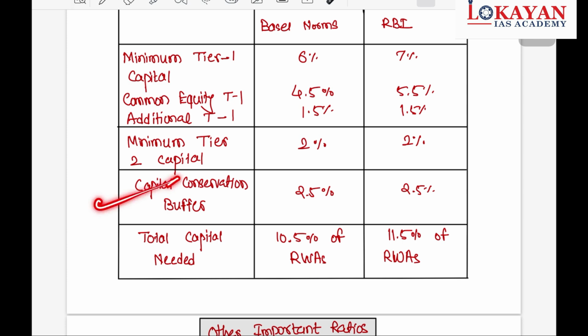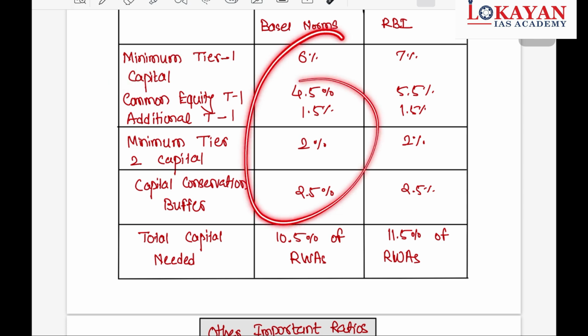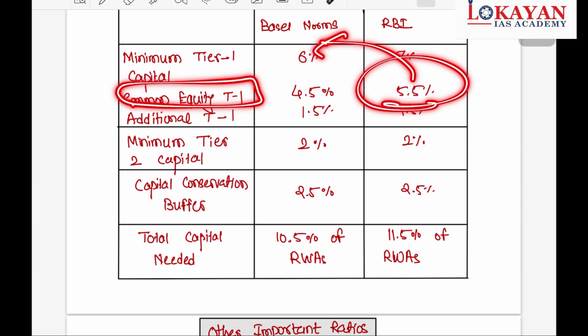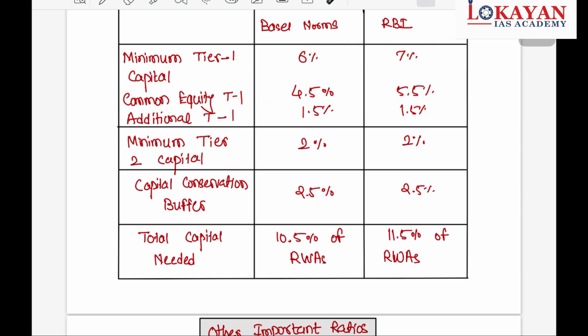So this is CCB, minimum tier 2 and minimum tier 1 capital. Combined, all of this becomes 10.5% of risk-weighted assets in the case of the Basel norm, and in the case of RBI it becomes 11.5% of risk-weighted assets. So where is the difference? Because RBI's mandate for common equity tier 1 capital is 1% higher than that of the Basel norms. So remember this.